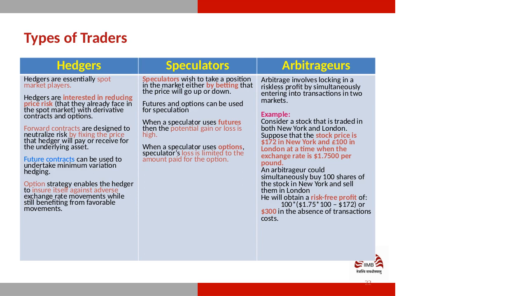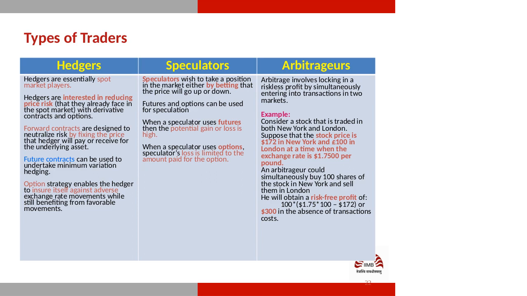Okay. Now you could also divide the market in terms of the types of traders. There are three kinds of traders that you can get in the market. We have generally spoken about the first two, hedgers and speculators, but you also have a third set of players, which is arbitrageurs. Hedgers are essentially spot market players.